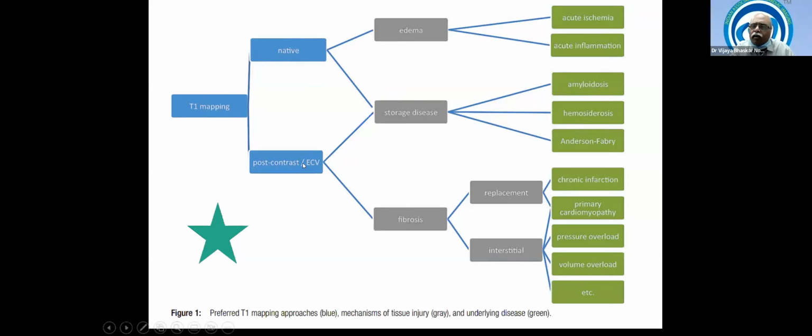You can do away with only post contrast ECV in fibrosis, that is replacement fibrosis and interstitial fibrosis, caused by either myocyte death or infiltration. Only ECV fraction is enough to diagnose or quantify the fibrosis. Storage disease needs both. For edema, acute ischemia, and inflammation, native is more than enough.